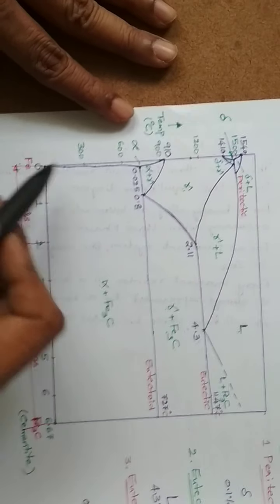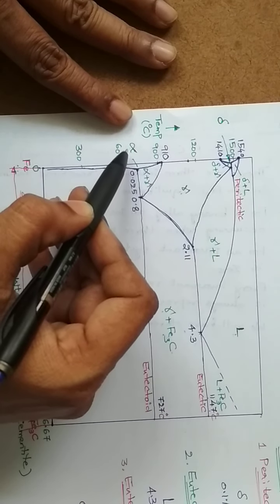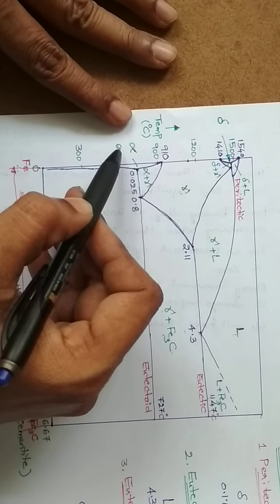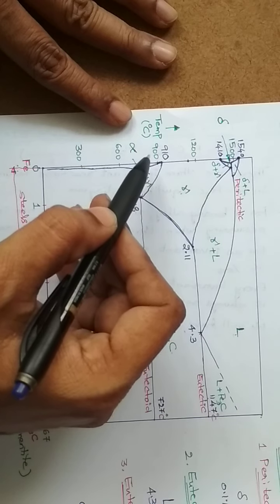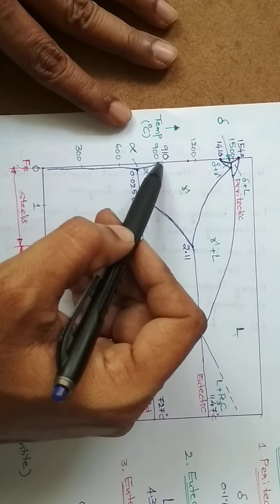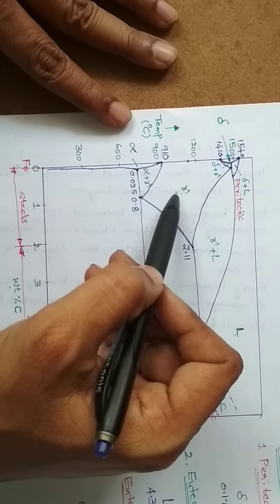So if you see this diagram, from room temperature to 910 degrees centigrade, we have alpha iron. This is known as ferrite. Ferrite has BCC structure, and it exists only up to 910, at low temperature. And from 910 to 1410, we have the iron existing as gamma iron.